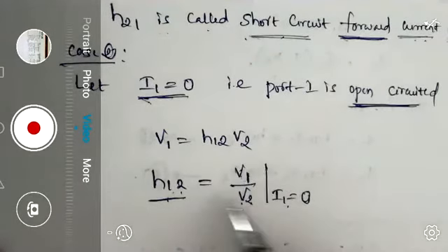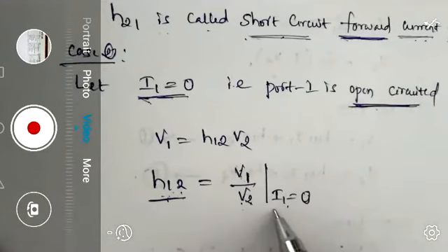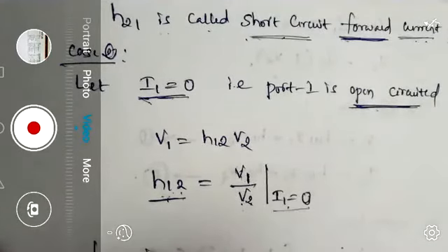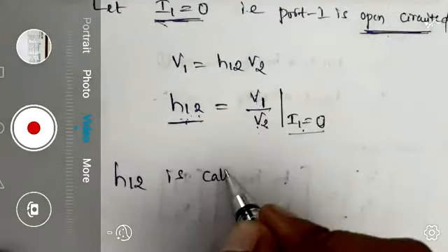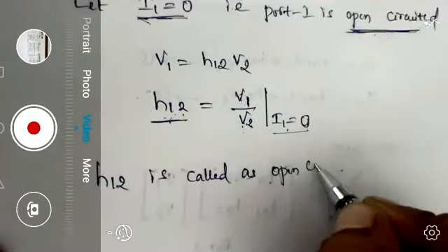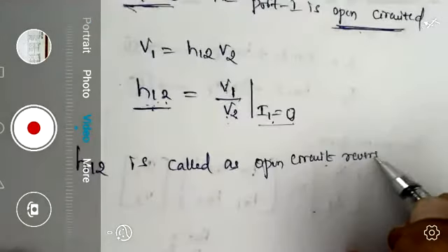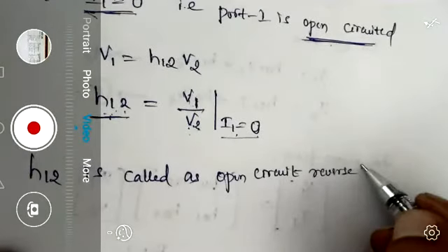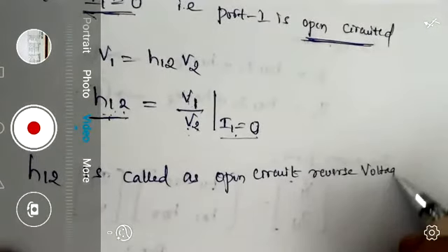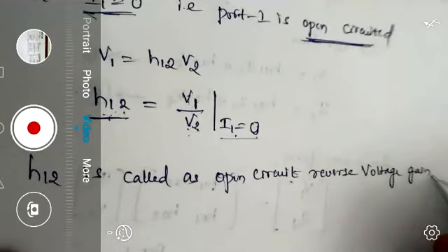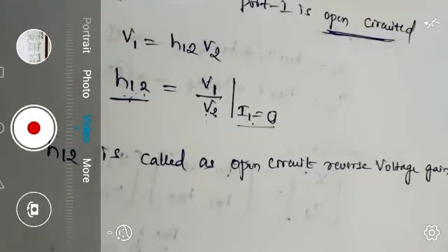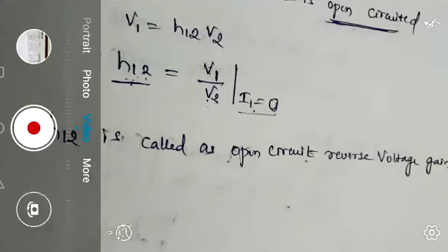So the parameter H12 is called open circuit reverse voltage gain. Clear? The parameter H12 is called open circuit reverse voltage gain. Is it clear? Okay.